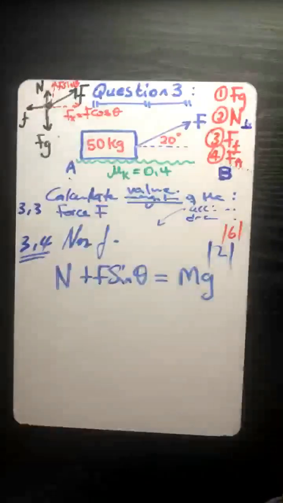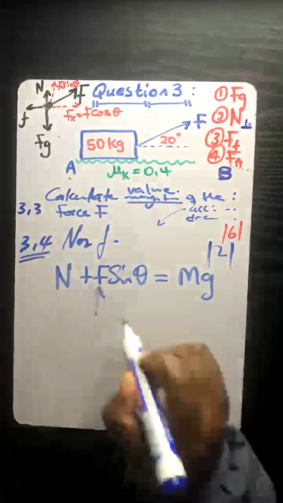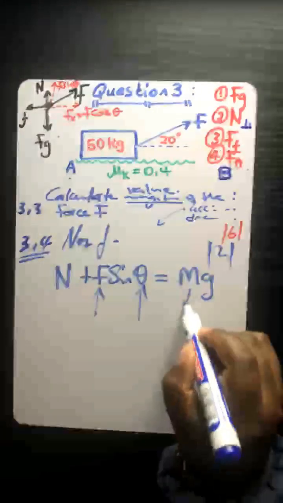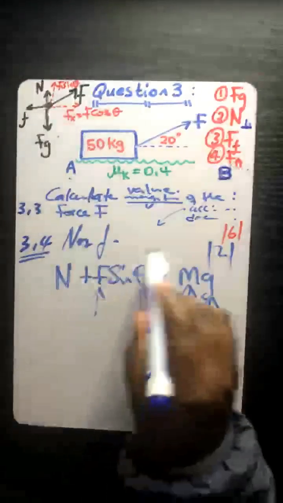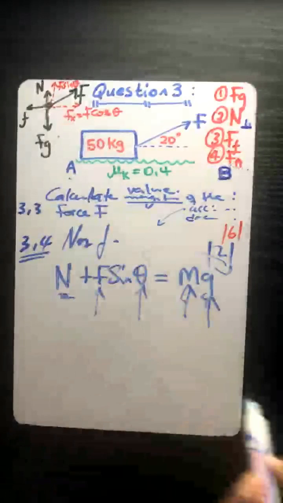You can easily find that because I think we have everything, honorable members. This one we know we calculated it. This is the angle, and that is m, that is g. You can take all of this to the other side, and then you calculate the normal force. Let me leave it there. We might revisit this question, but you can try it and then submit.